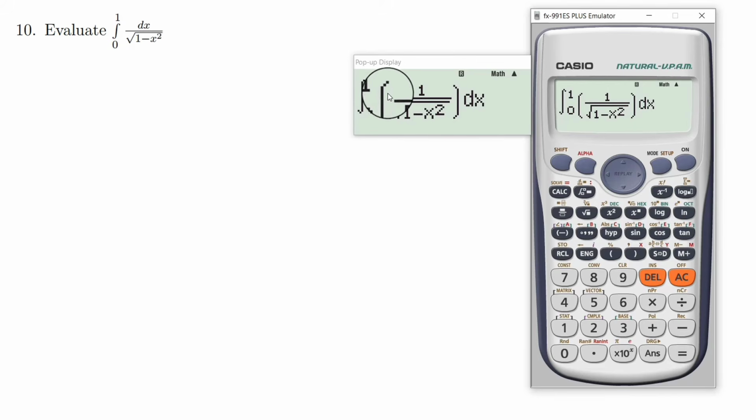Now you notice here that if I substitute my upper limit to be 1 here, I'm going to have 1 over 0, which is undefined, right? However, if I put in 0, I'm going to have 1, so I don't have a problem with that. But if I put in 1 inside this function, I'm going to have 1 over the square root of 1 minus 1, which is going to give me undefined. So that is why it is giving us a math error.